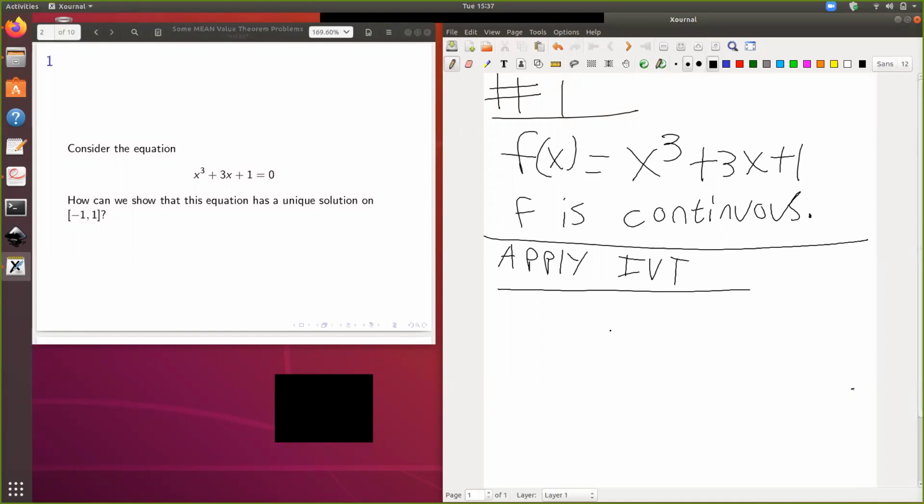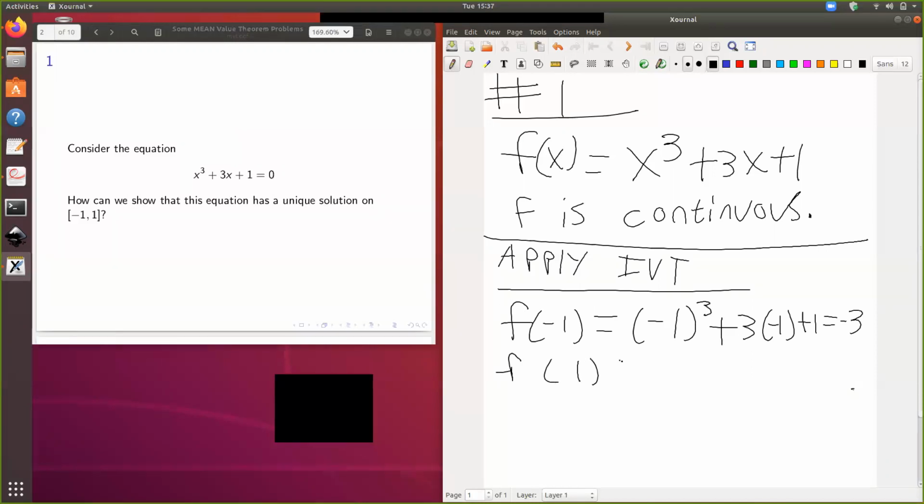So let's plug in some endpoints and I'll draw a picture of what I mean. So f of -1 is -1 cubed plus 3 times -1 plus 1, that's -3. F of 1 is equal to 1 cubed plus 3 plus 1, it's going to be 5.